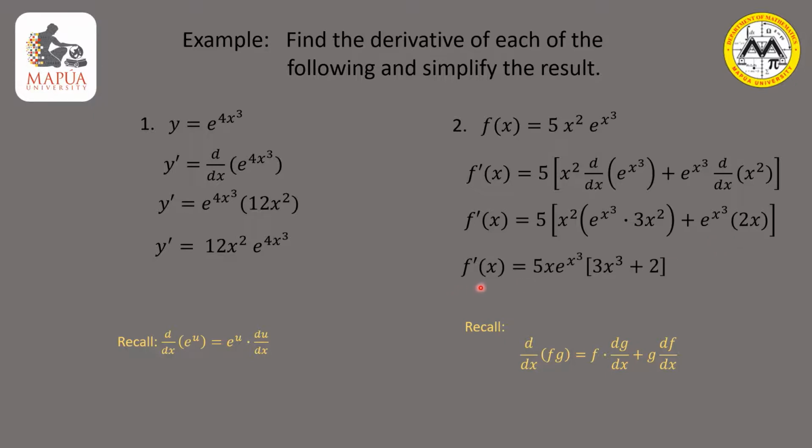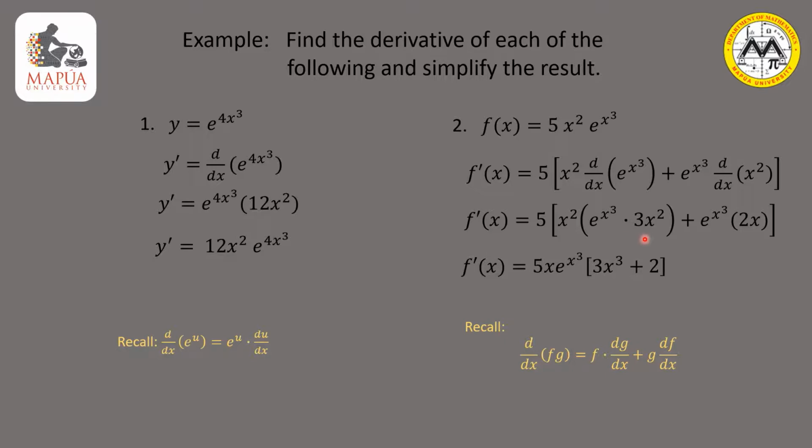We now simplify the form of f prime of x. Take note that among these terms, e to the x cubed and one factor of x would be common factors.